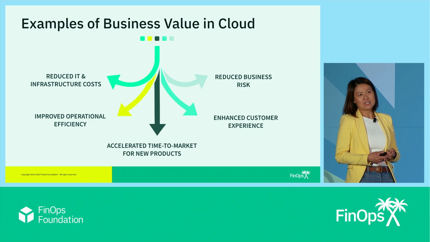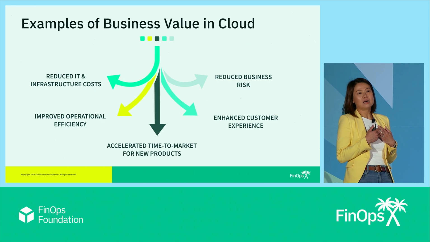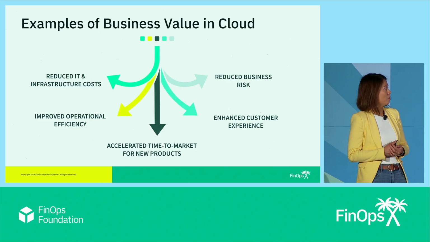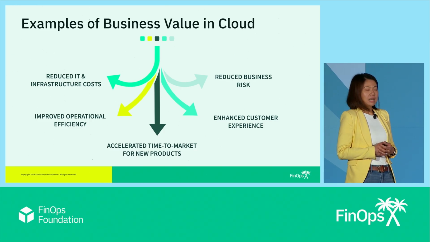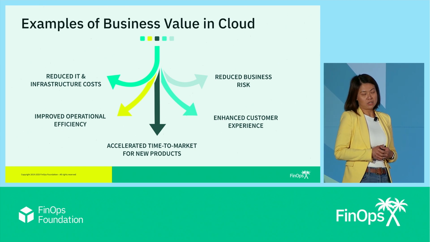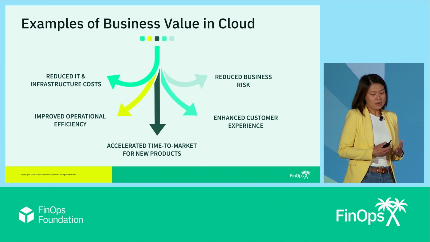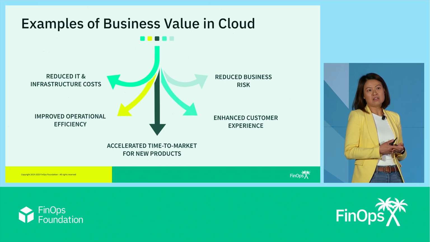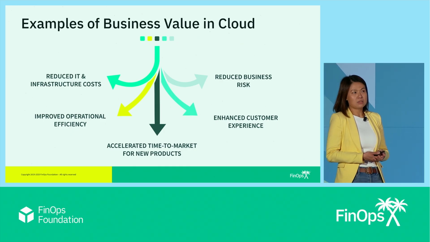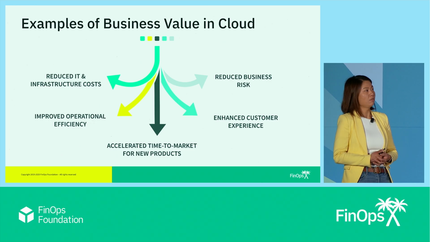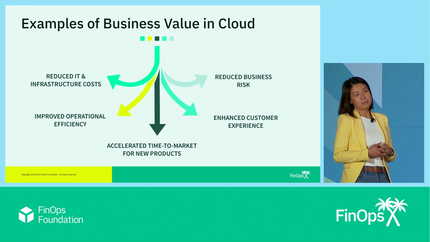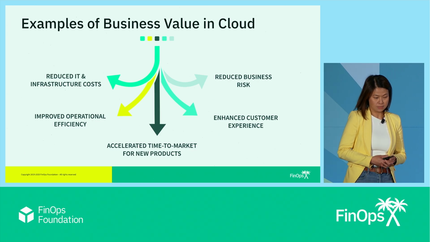Having access to cloud AI, using an automated chatbot to improve customer experience, is one example of business value in cloud. And last but not least is reduction of business risk. It could be governance risk, financial risk, or even vendor lock-in risk. Using cloud solutions, you have the availability of choosing multiple vendors, as well as multi-region deployments, to help minimize some of the business operational risks.